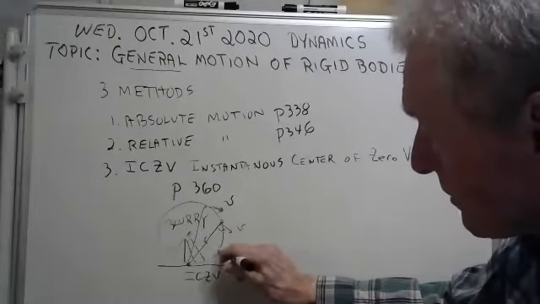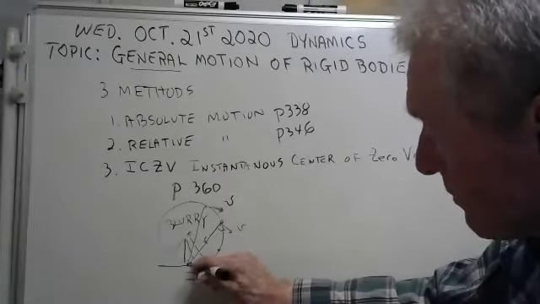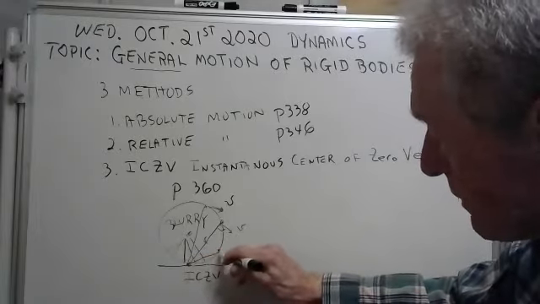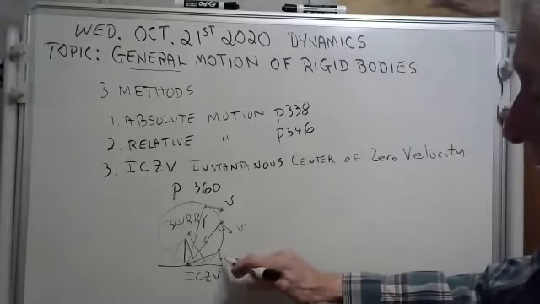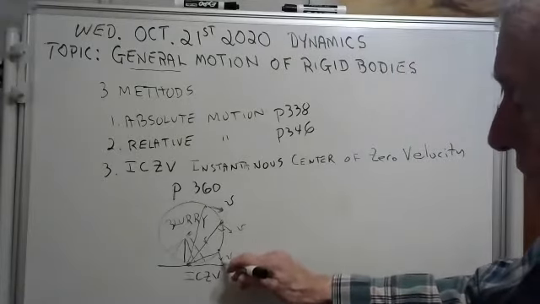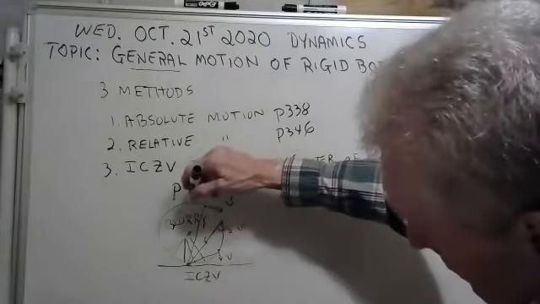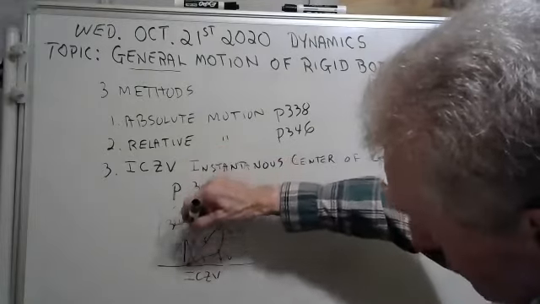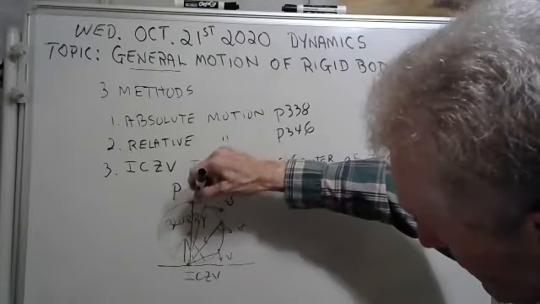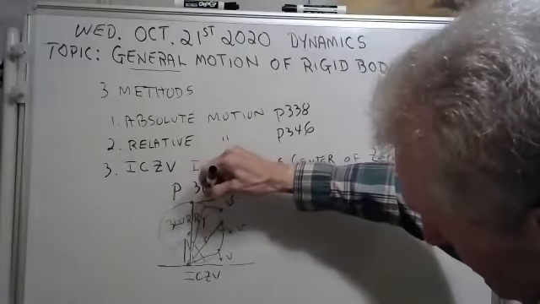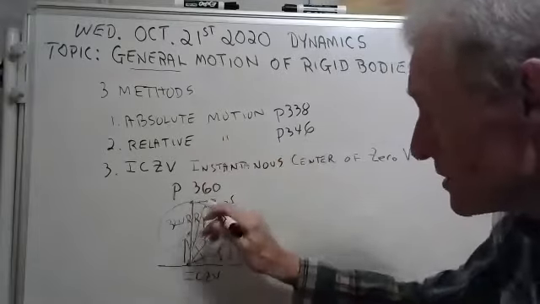Draw one down here. This point right here, draw perpendicular, but it's not going very fast. See, I drew that velocity small. The fastest point on this bicycle wheel is way up here. And I'll draw it longer because it's moving faster.